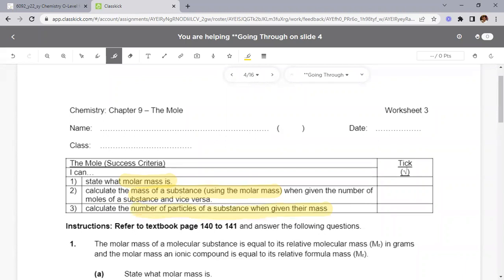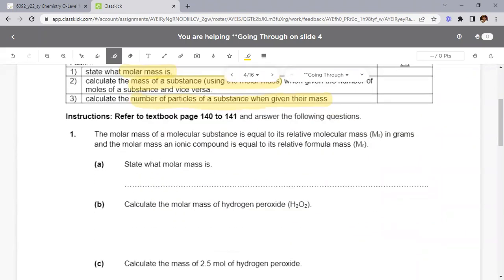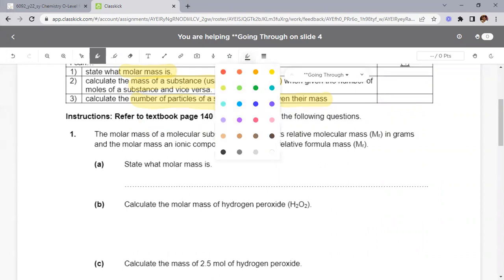So let's go on. Let's start with the first part. What exactly is the molar mass? Let me have my pen in the red color.